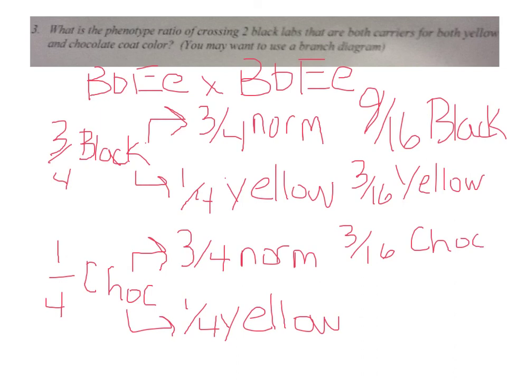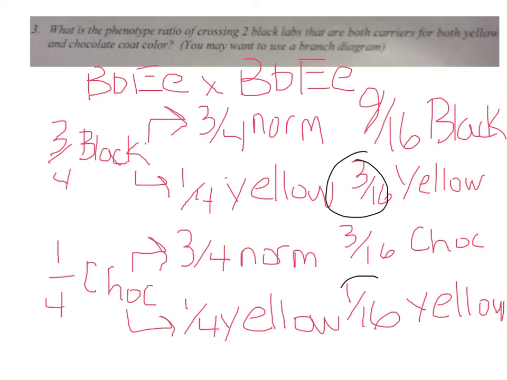And 1/4 times 1/4 is a 1 out of 16 chance that you're going to get a yellow puppy. Now, since two of these are describing the same phenotype, you add them together, and in the end, a 3/16 and a 1/16 make 4 out of 16.